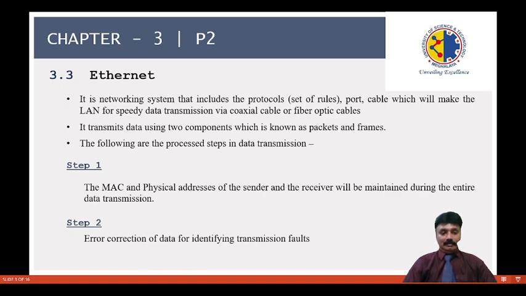Step number one, MAC will maintain the physical addresses of the sender and receiver during the entire data transmission. Step number two, error correction of data for identifying transmission faults that can be followed.